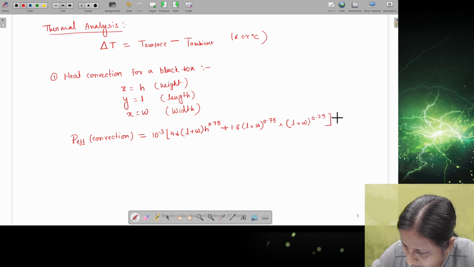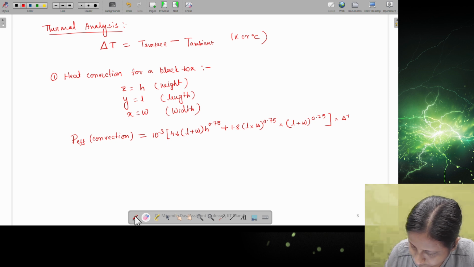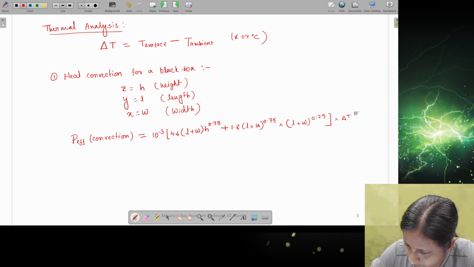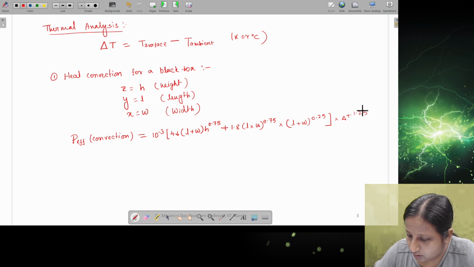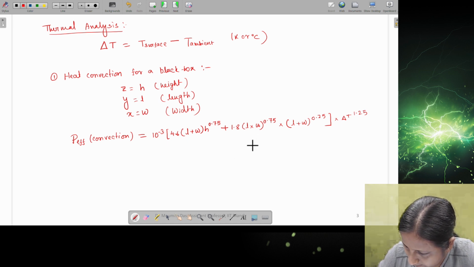The whole thing is multiplied by delta T to the power 1.25. So these are the different factors.